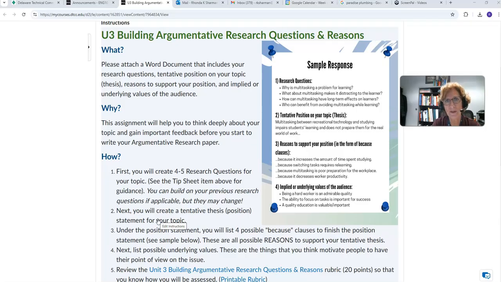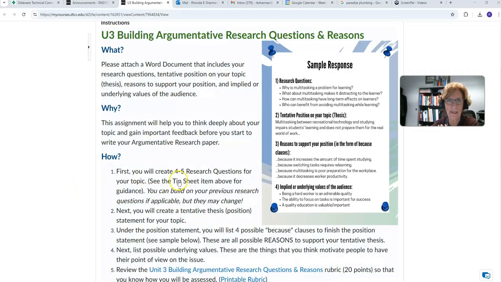So what we're doing in this first assignment is brainstorming and trying to formulate the reasons that your position is correct. And this will help you look for additional sources, and it will also help you to support and argue for your position.